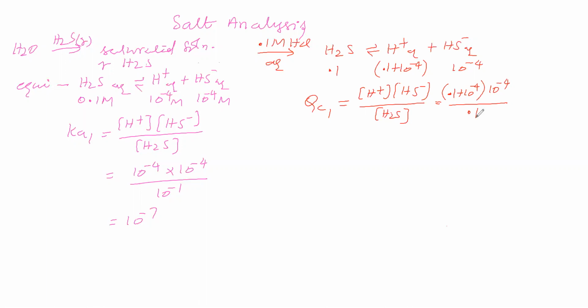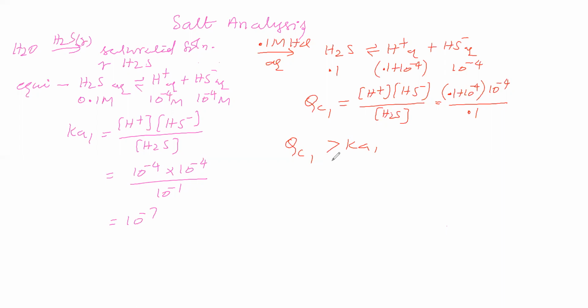We compare this Qc with Ka1. So we come to the conclusion that Qc is greater than Ka1. This indicates that the system is not at equilibrium, therefore backward is favoring.